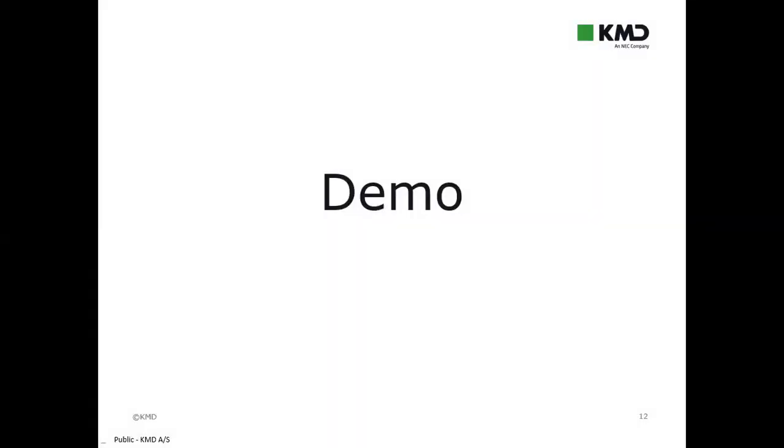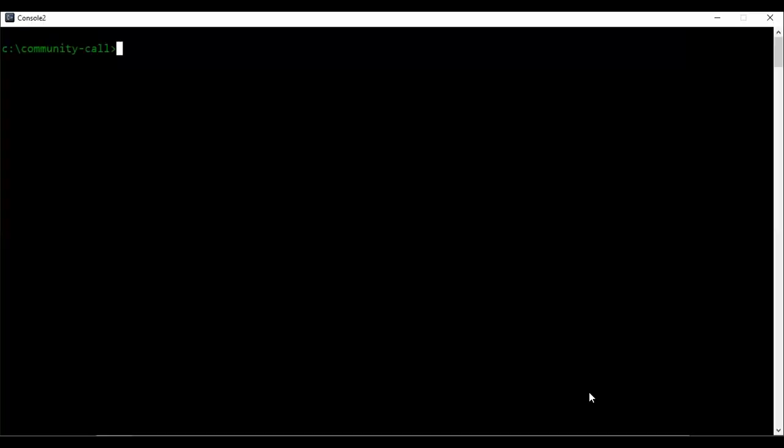So I'm going to switch to the command line. So CPILint is a command line tool. I've got it installed on my machine here. Let me check if it's actually working. It is. CPILint version 1.0.1.